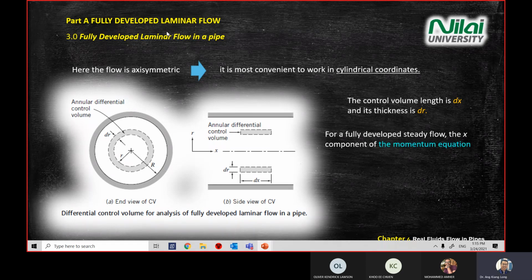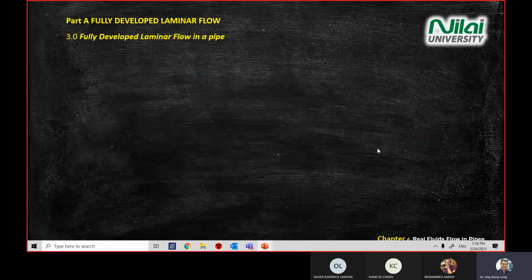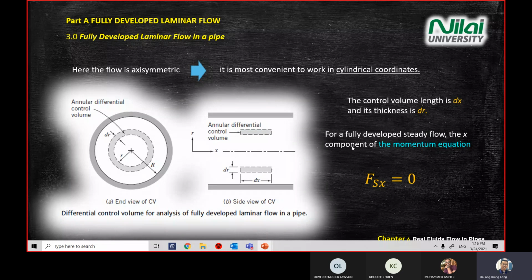For the fully developed equation, we will recall what we learned about the momentum equation in chapter 2. We need to use the momentum equation for a control volume. This is our control volume. For the x component, for fully developed flow, the surface force in the x direction will be 0.